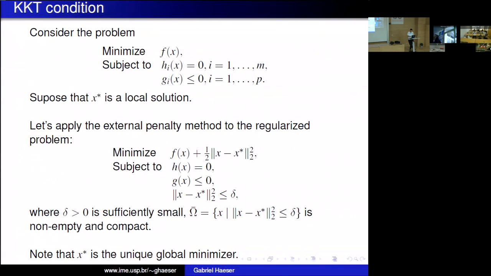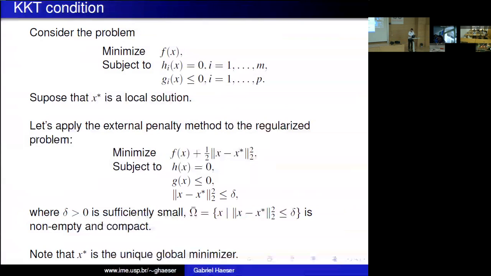So this problem could have more than one global minimizer, x star and some other value. But if you have two global minimizers, the objective function must be the same at these points. It's the lowest possible value that the function assumes for feasible points. So if you have two values that attain this minimal value, this must be the same value.